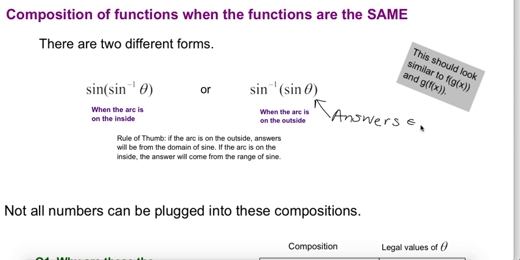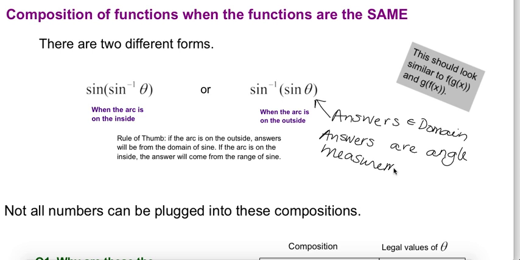Answers are from the domain, and the answers are angle measurements. So for example, pi over 2, 5 pi over 6, pi, things like that.